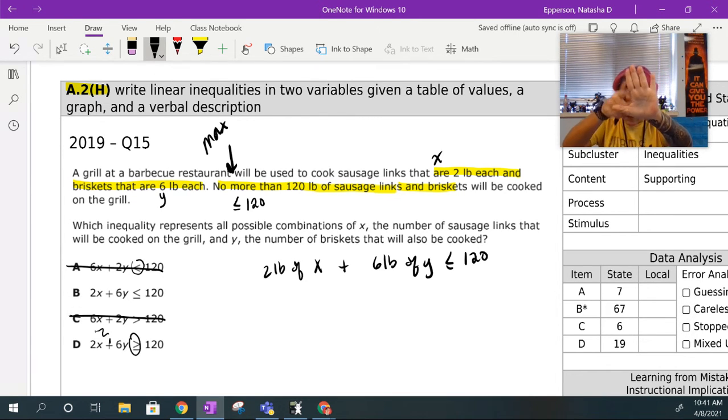See, this is my left hand. This little V here kind of looks like an L. I can make it look like an L for less than, and then turn it a little bit, and that looks like the symbol going to your left. So left hand, less than, that means smaller, okay? So that gives us our answer choice B. That's really quick, straightforward, and simple.